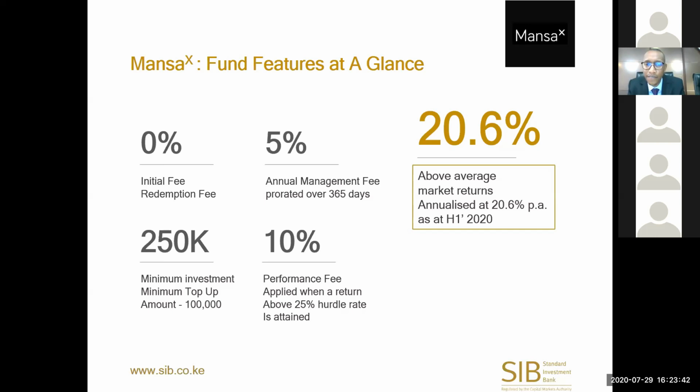And the fact that the fund could still return 20.6% proves that this model of investing in a fully diversified portfolio actually works and helps to give a higher than average return.